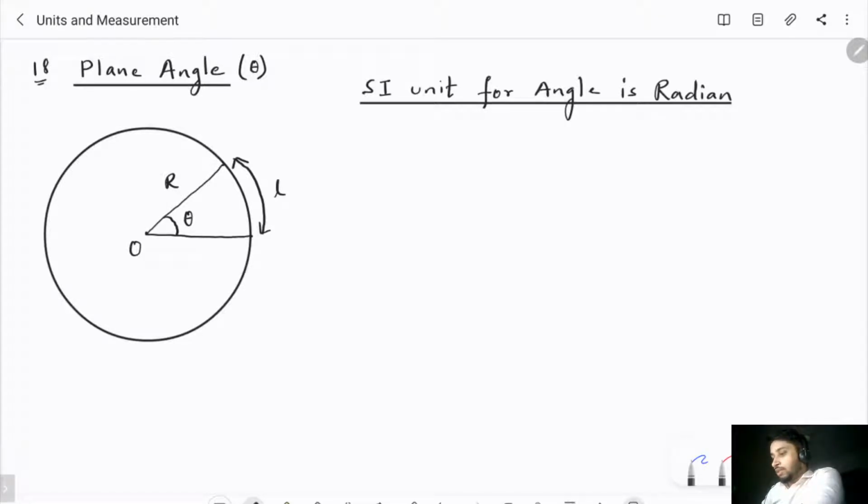So arc length is equal to radius into angle in radian.